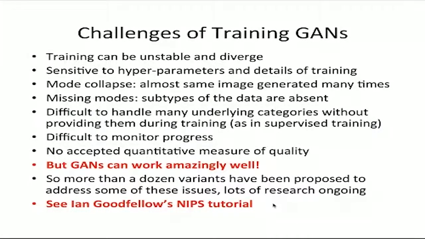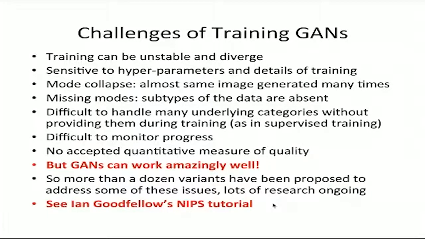So the first thing that we observed is that training a GAN can be unstable and diverge. Sometimes the training goes well for some time, and you can see that the images being generated are nicer and nicer, and then suddenly things get bad, and you can see some of the training objectives going in strange ways, and basically, the network has gone to a bad place. So what is going on?